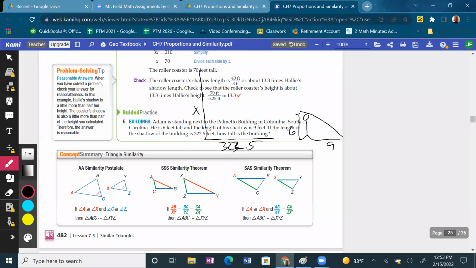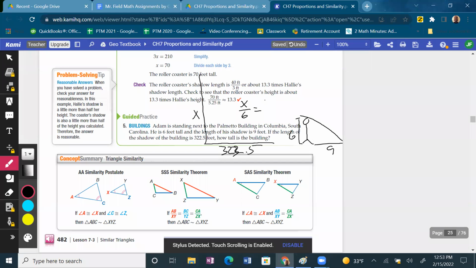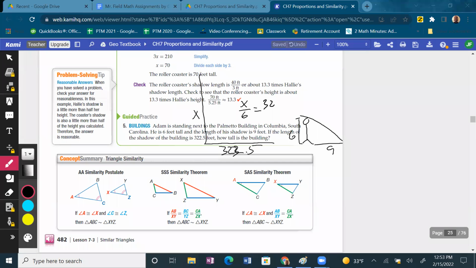Then we can set up x/6 equals 322.5/9, and you would cross multiply. All right, so that is from the book.